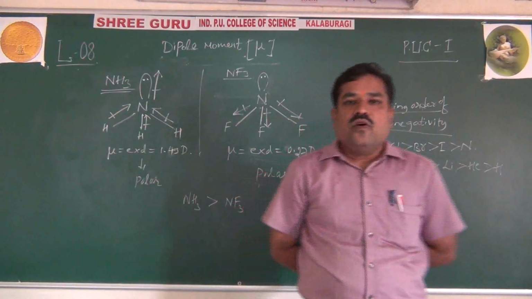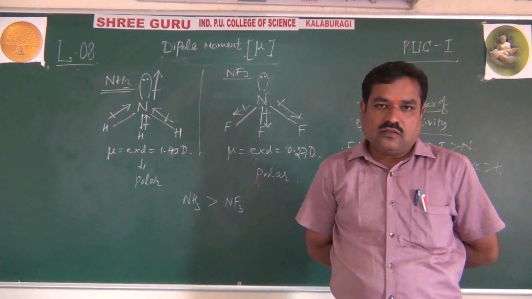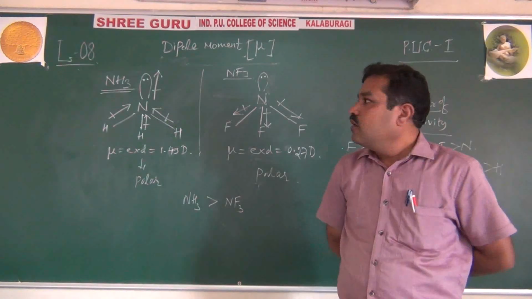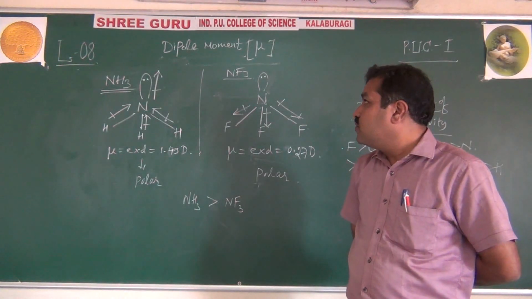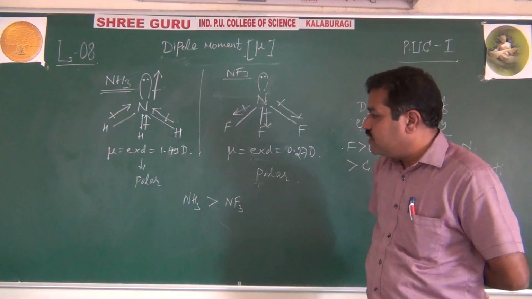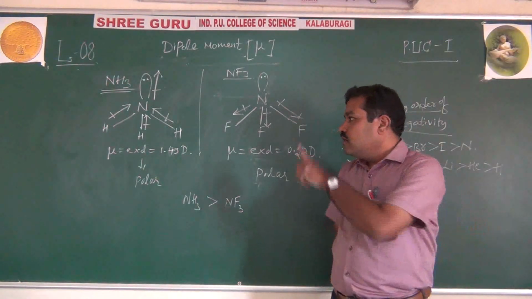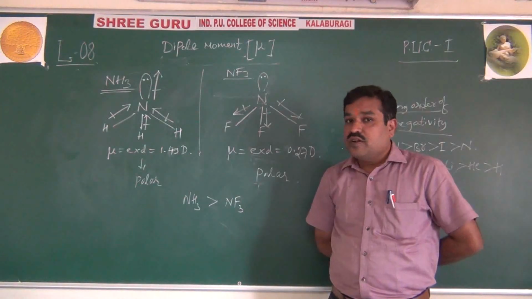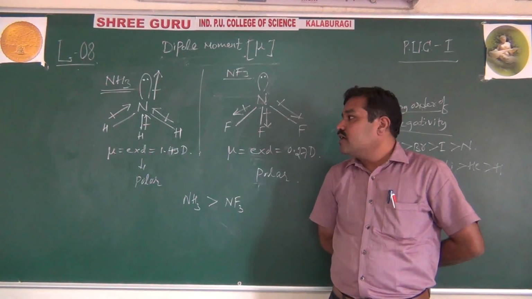This is a very, very important question in theory. Already asked so many times. Why is ammonia more polar than nitrogen trifluoride? Give a reason. If it is asked for 2 to 3 marks, you have to show these bond moments. And what is the reason you will write here?